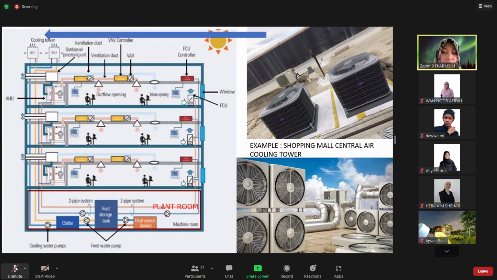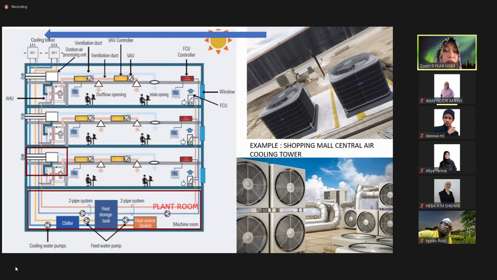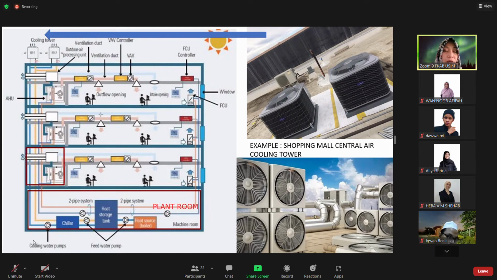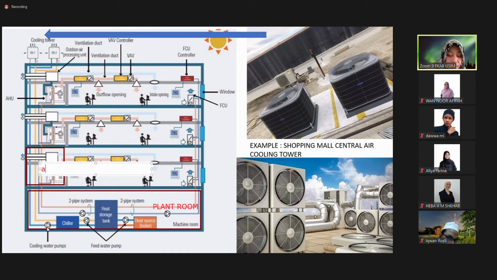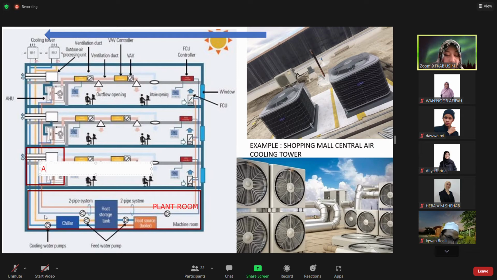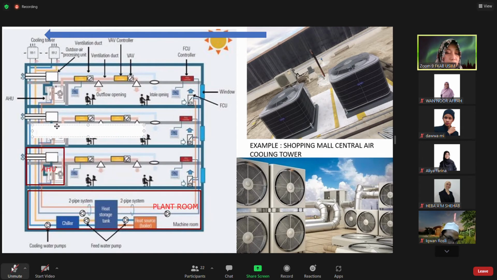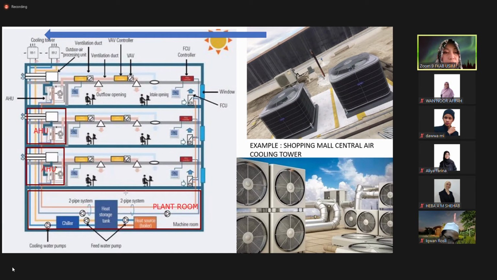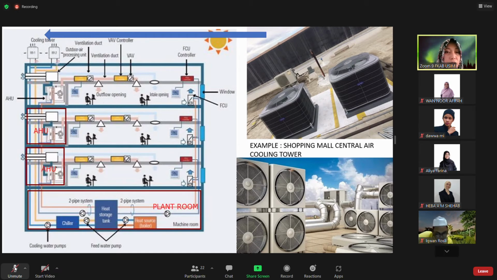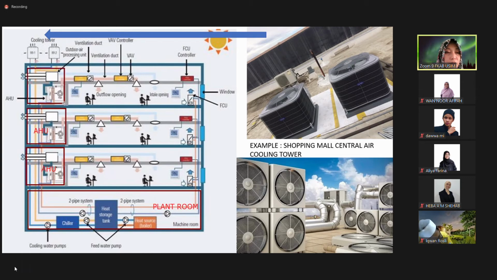There must be a plant room. At each floor, you must design and allocate it later, after you have decided your individual planning and set your bubble diagram. Every floor must have an AHU. Don't forget. If it is only 2 floors, fine, but if 3 stories, it must have the AHU.